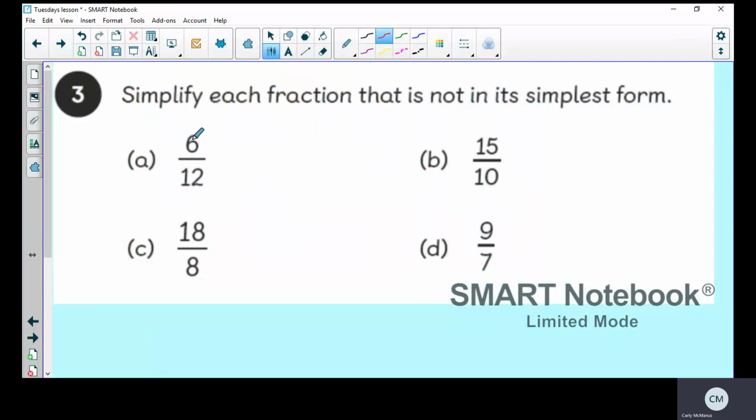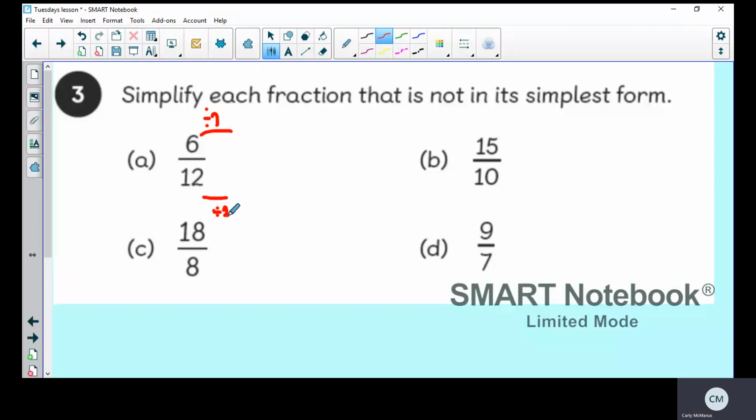So how much can we divide the numerator and the denominator by? What number goes into both? Well, 1 goes into both. Does 2 go into 12 and 6? Yes, it does. Does 3 go into 12 and 6? Let's check it out. 3, 6, 9, 12. Yeah. Does 4? 4, 8, 12. No. Does 5?